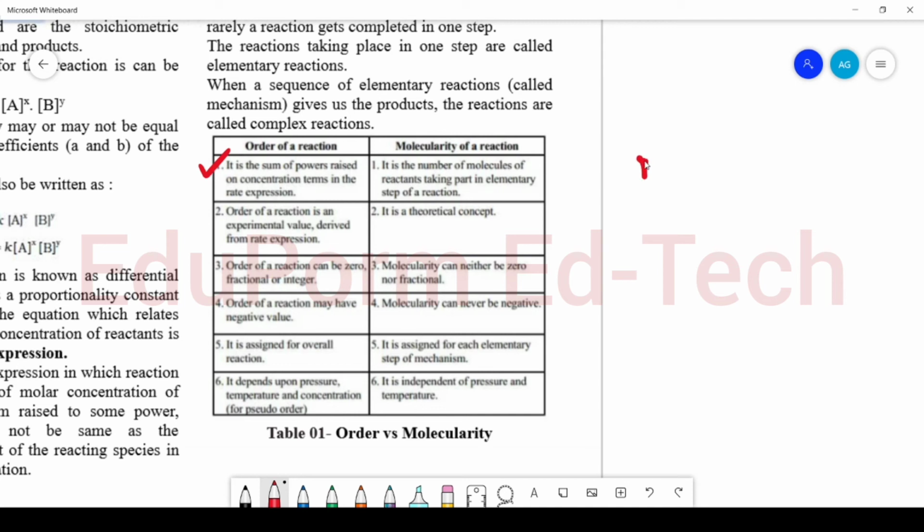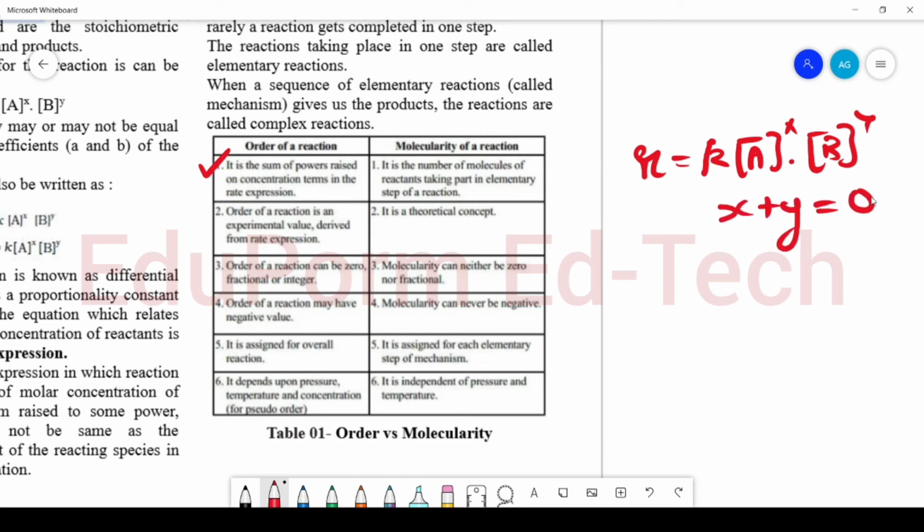Rate expression means rate equation, where R is equal to K [A]^x [B]^y. So the sum of exponents, that means the sum of x and y, gives us the order of reaction. The order of reaction is an experimental value which is derived from the rate expression. Rate expression means rate equation.